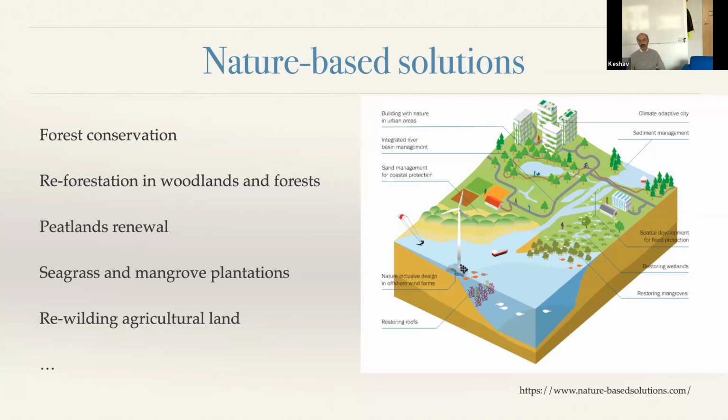At the same time, it also increases the biodiversity in the peatlands. The same thing is true for planting mangroves, rewilding agricultural land, which is official UK policy already, reforestation, and forest conservation, which is not cutting down existing forests. That's great, and these nature-based solutions are attracting a lot of attention, a lot of funding.